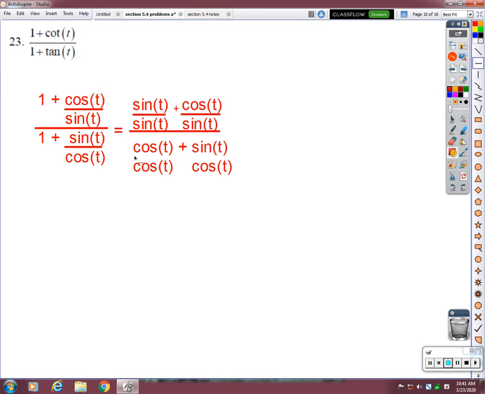Right? So fraction. Okay, so common denominator on top means that, oh, I see where this is going.